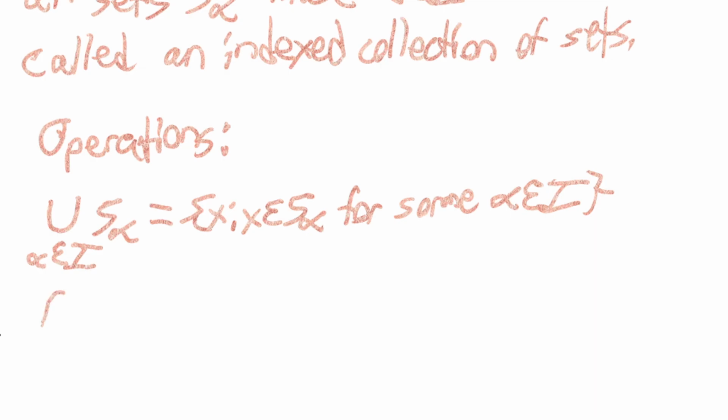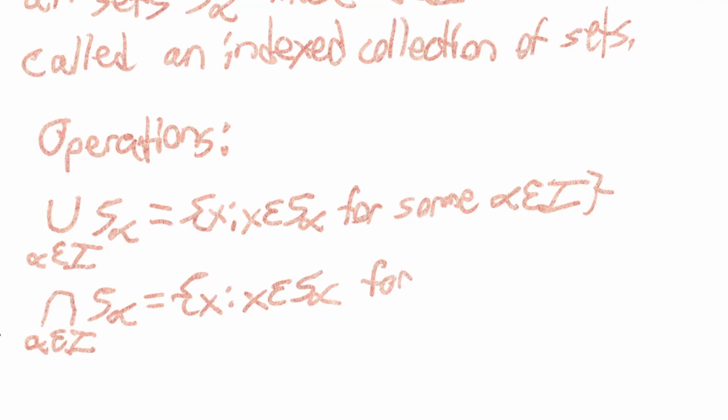And also intersection of alpha element of an index set of S alpha is equal to the set of x, where x is an element of S alpha for all alpha that is an element of the index set.